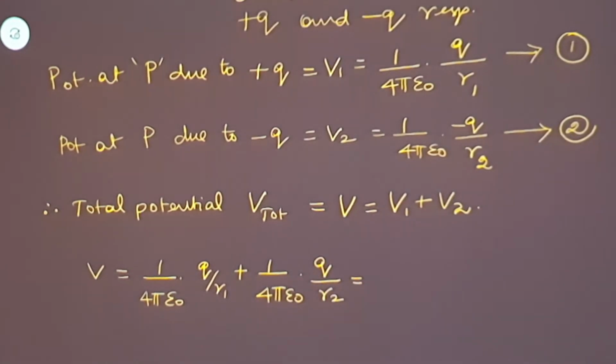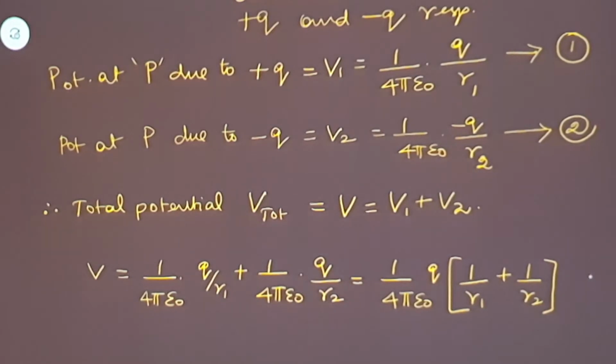You can take the common factors and simplify. You can write it like this: 1 by 4 pi epsilon 0 into Q can be taken as common, and the remaining is 1 divided by R1 plus 1 divided by R2. Take this as equation number 3.